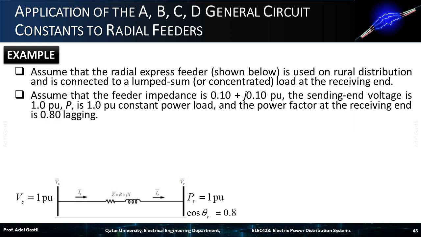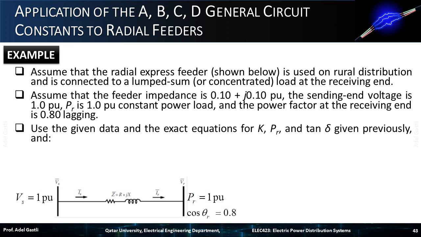We also assume that the feeder impedance is 0.1 plus j0.1 per unit, the sending end voltage is 1 per unit, PR equals 1 per unit is a constant power load, and the power factor at the receiving end is 0.8 lagging.